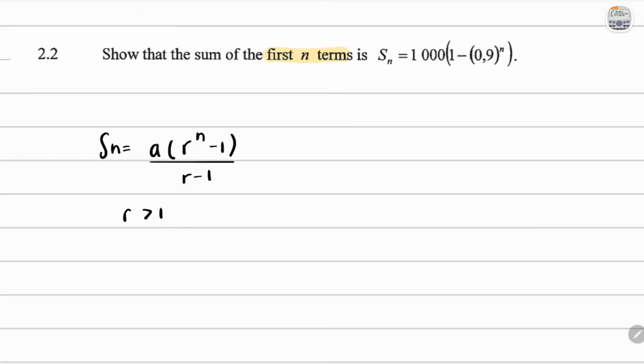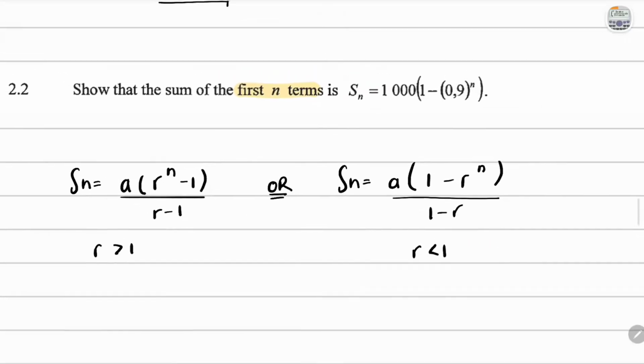It doesn't always matter, because if the numerator and denominator become negative, they divide out. The other formula is really the same thing, but now we start with 1 minus r to the power of n over 1 minus r. You use this specifically when r is less than 1.